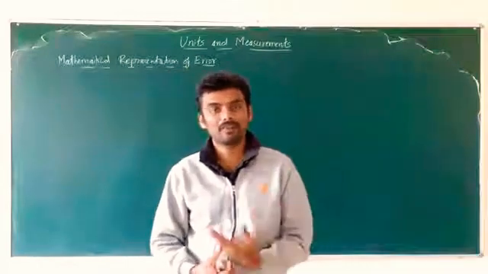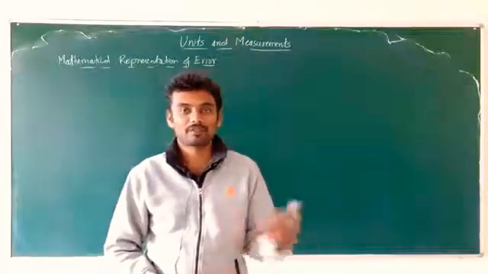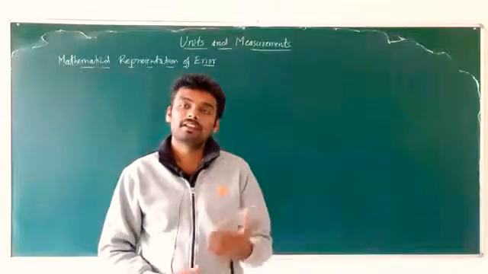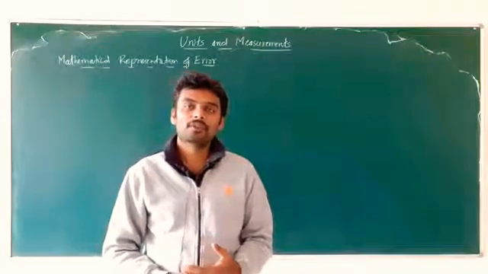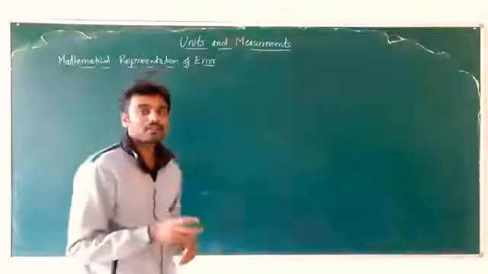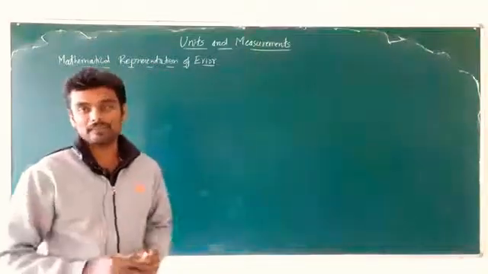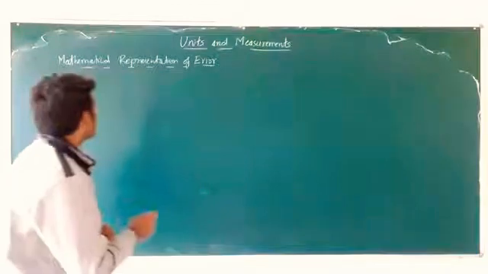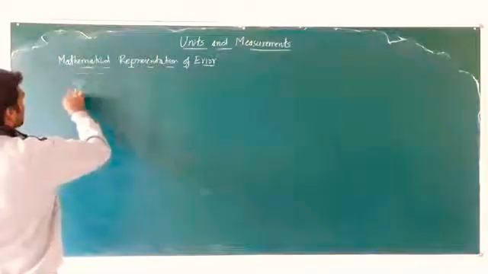I can also express it in a percentage way and in the numerical way. So basically we have three ways to represent errors mathematically. We'll see all the three ways of expressing errors mathematically.